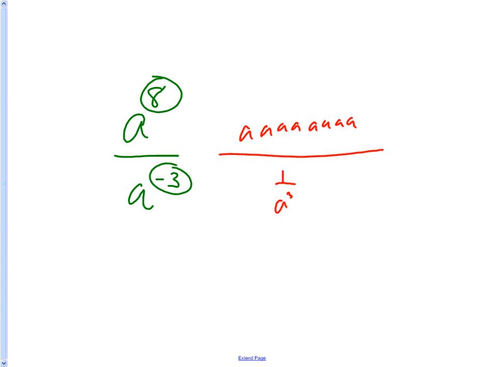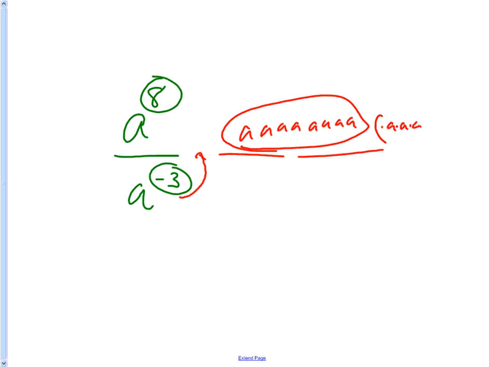But whenever you have a fraction in a fraction, you can say, okay, these negatives want to go up to the top, and those a's that were going to be on the bottom are going to go on to the top. And then I end up adding the 8 plus the 3 makes a to the 11th. So you're kind of right, but the final answer still comes out to a to the 11th. Good. Okay. We're going to talk more about that tomorrow.